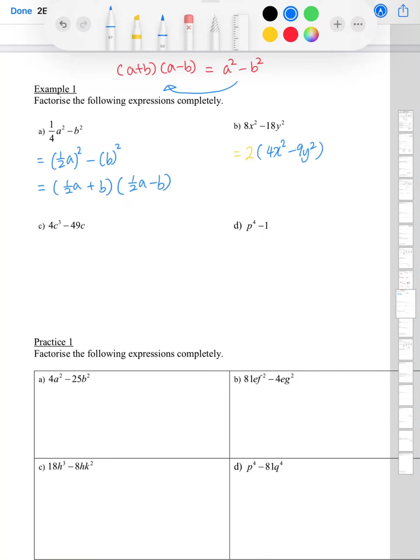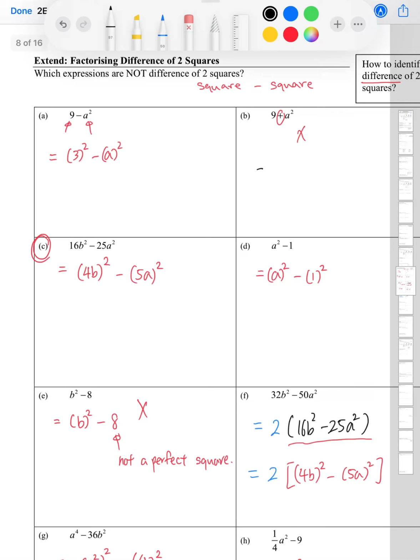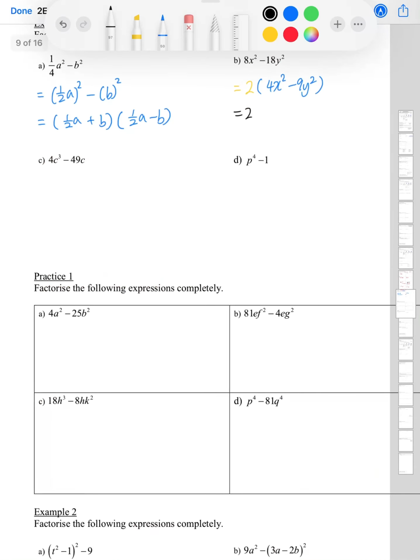So I can express it as 2 times (2x squared minus 3y squared). So this can be factorized as 2(2x plus 3y)(2x minus 3y).